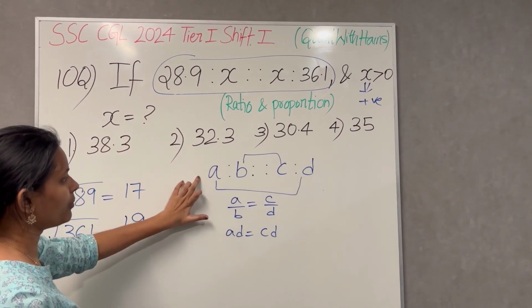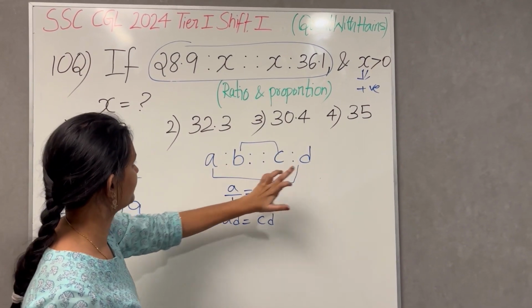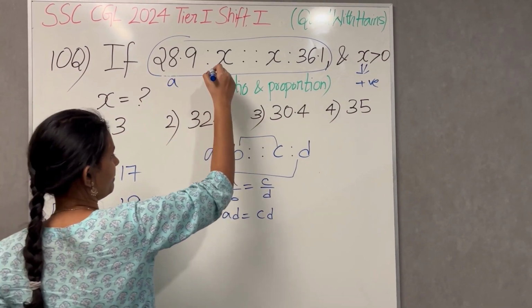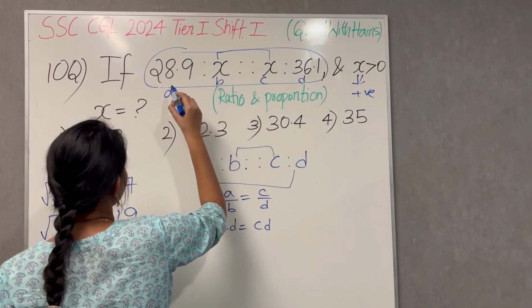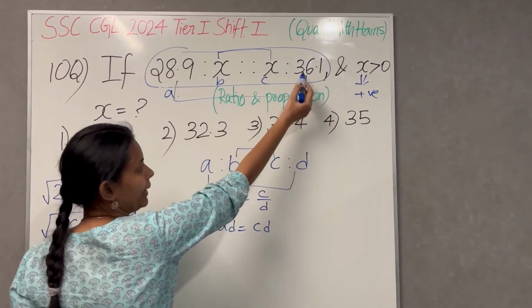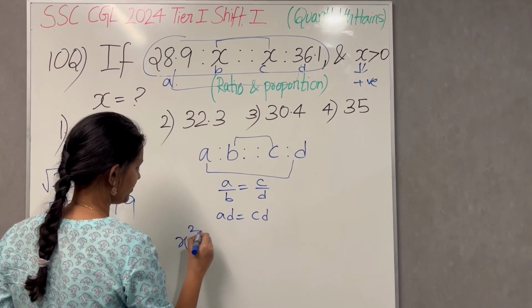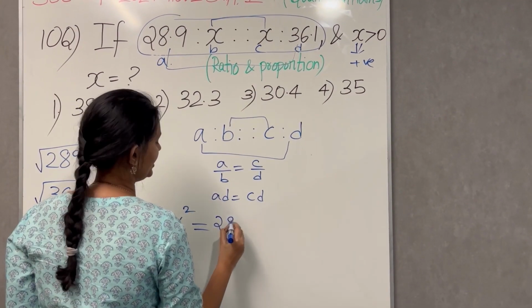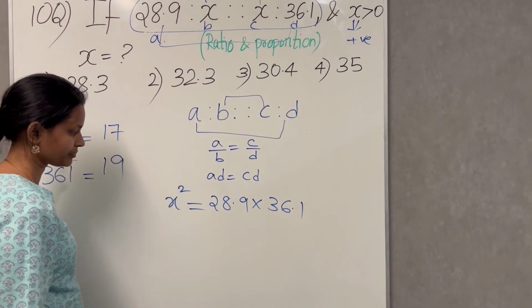This is in the form a is to b as c is to d. That means we need to multiply and equate the two: x into x, x square, equals this into this, that is 28.9 into 36.1.